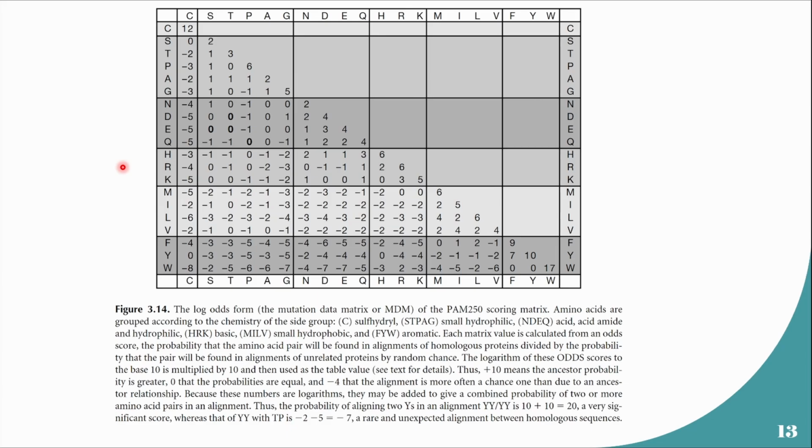From this matrix representation, is it likely or not likely that we'll expect a glutamic acid to be mutated into a lysine? You can answer in the chat. Yeah, as I see in the chat, it is not likely, right?